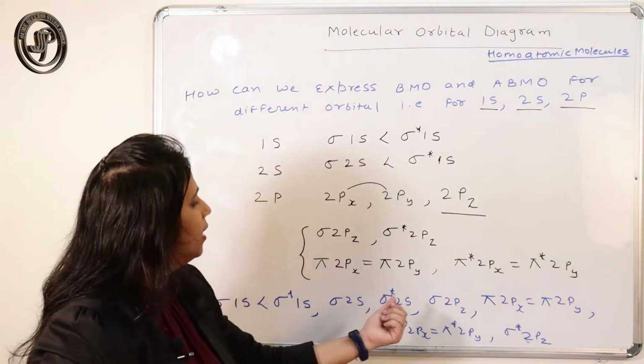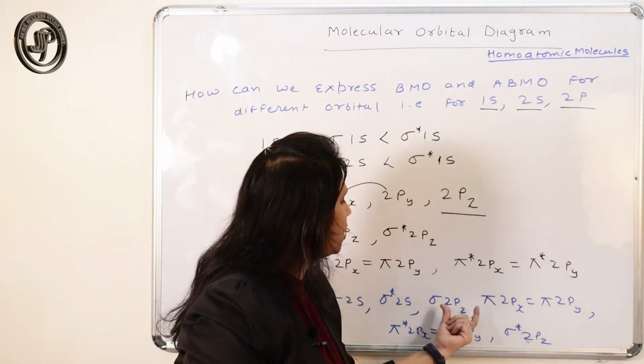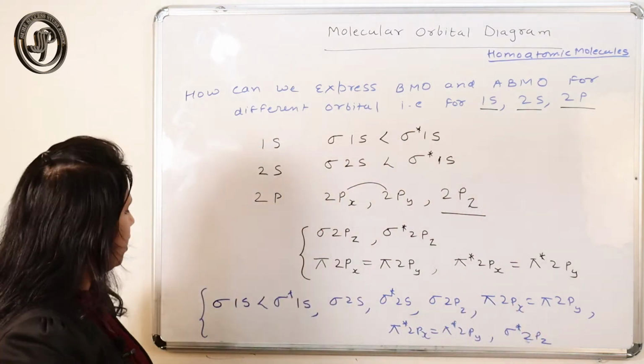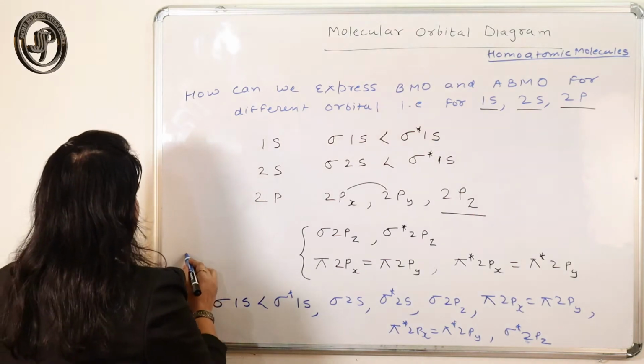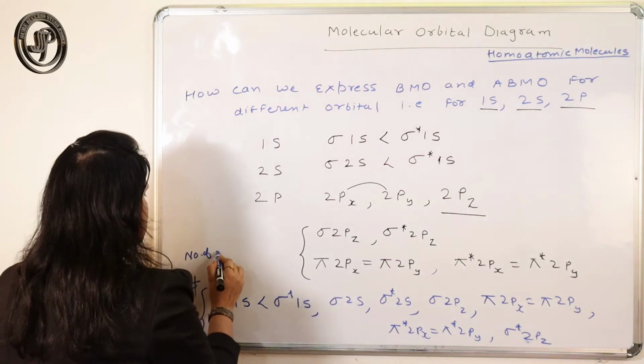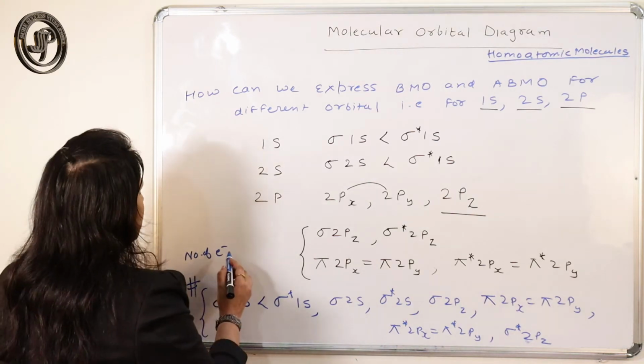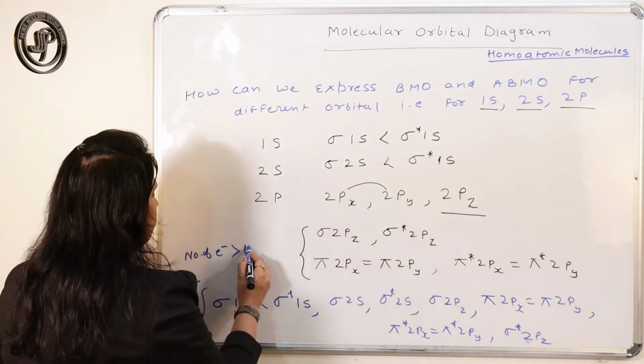So for that we need to change their positions. The original sequence is quite true if the number of electrons is greater than 14.